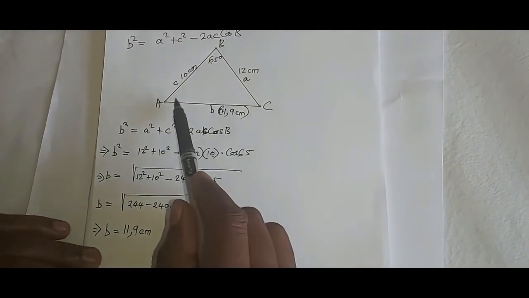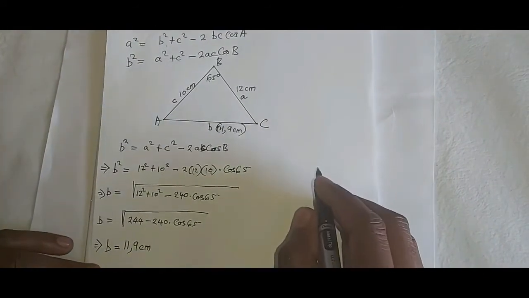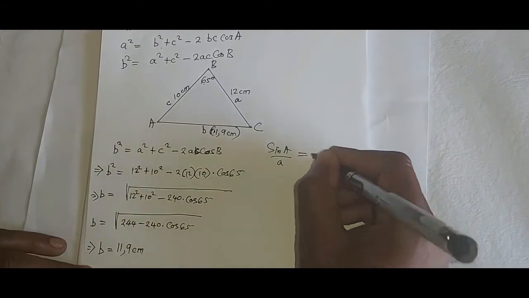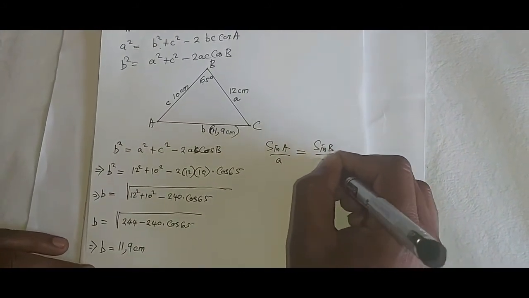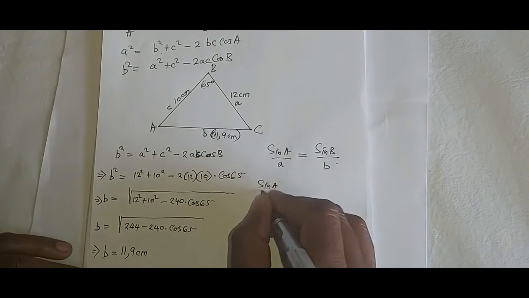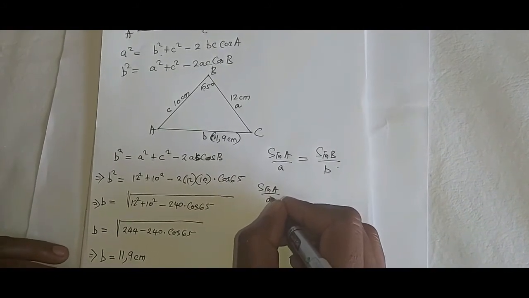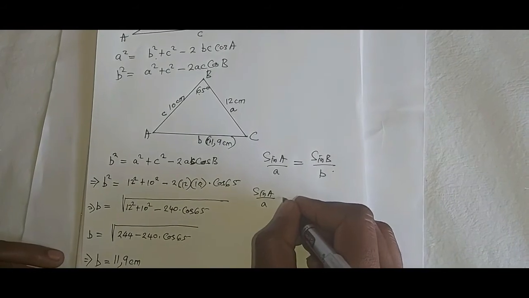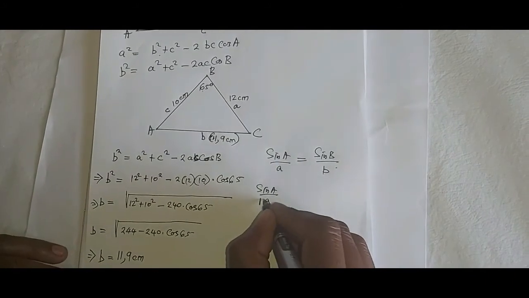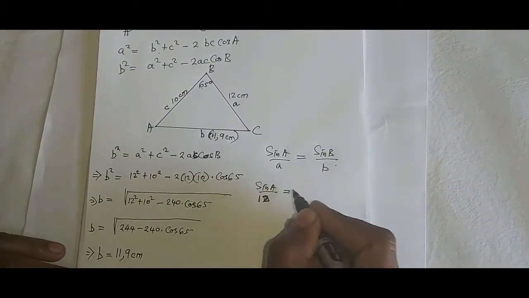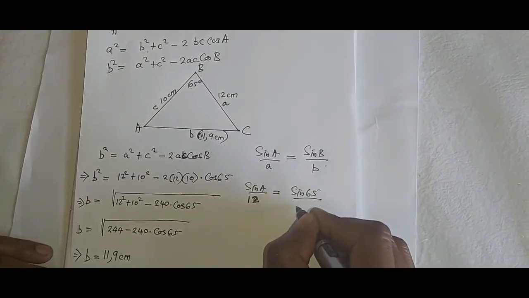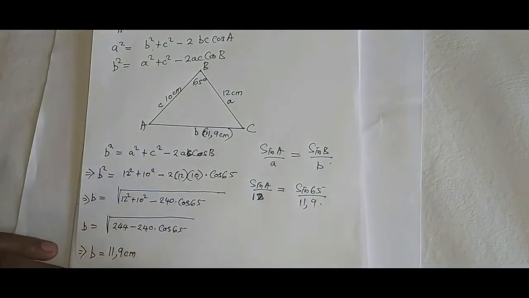So as you find angle A using our sine rule, it means that sine of A over A will be equals to sine of B over B, which is what we are looking for in this case. That is to say, our side A is 12 centimeters, is equals to sine of 65 over 11.9 centimeters.